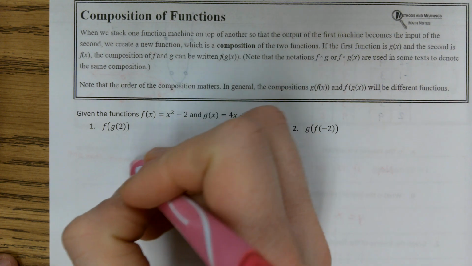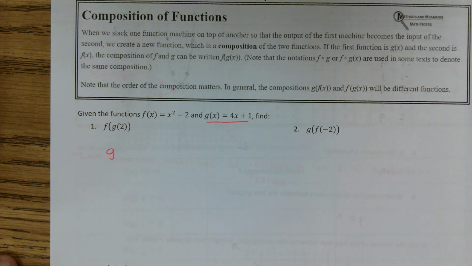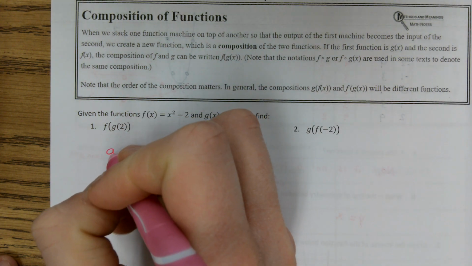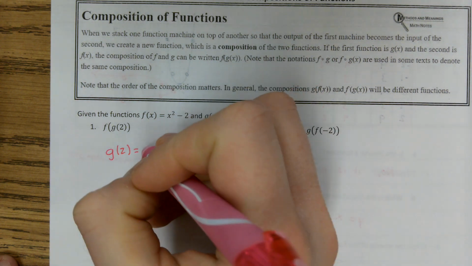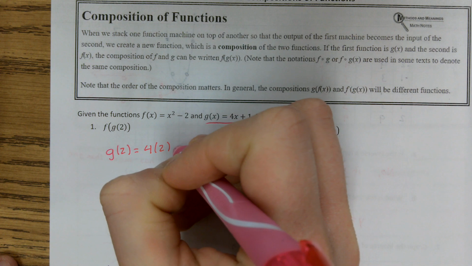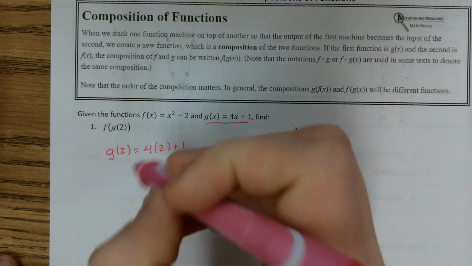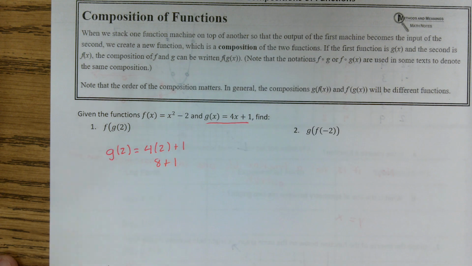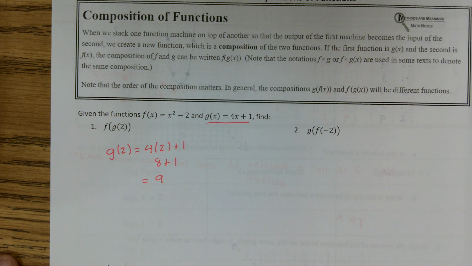Our first function g, which is 4x plus 1, we plug in 2 for x. So g of 2 is equal to 4 times 2 plus 1. We simplify: 4 times 2 is 8, plus 1 gives the value of 9. So that's when we plug it into g of x.